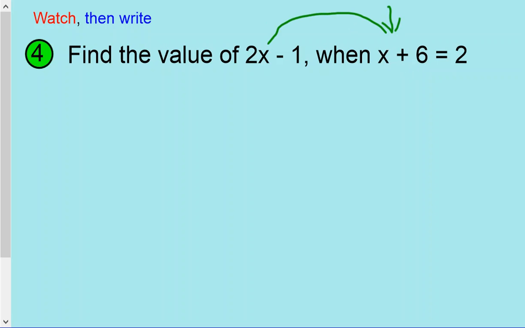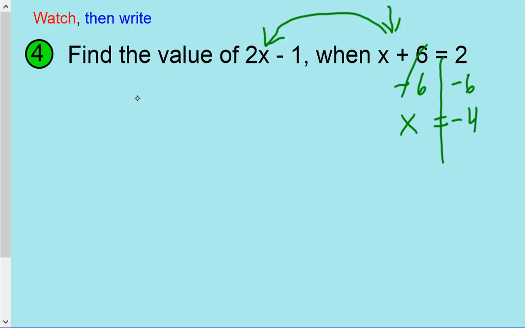Okay, so when x plus 6 equals 2, we're going to have to subtract 6 on both sides, and then we'll have x equals negative 4. So when x is equal to negative 4, we need to plug it back into this 2x minus 1.